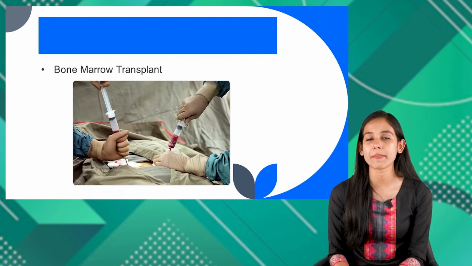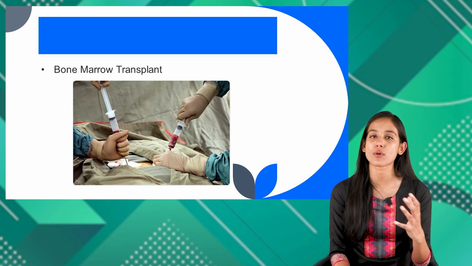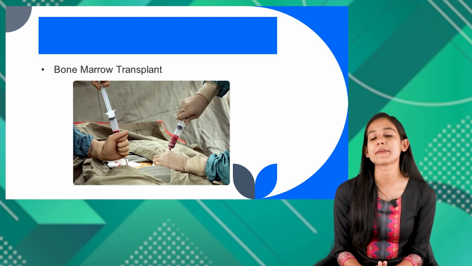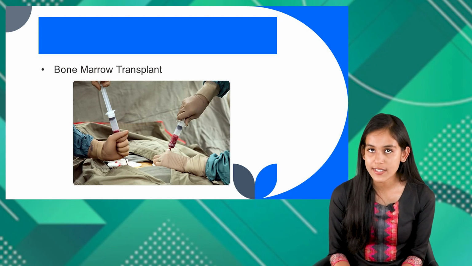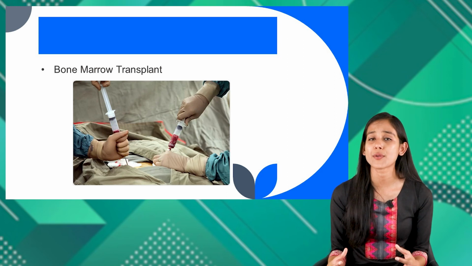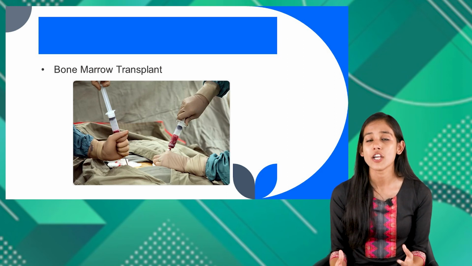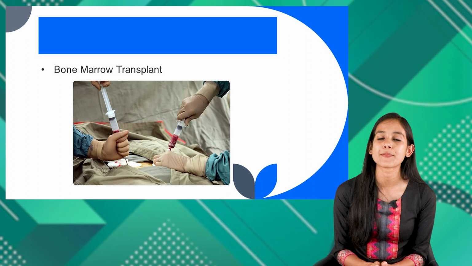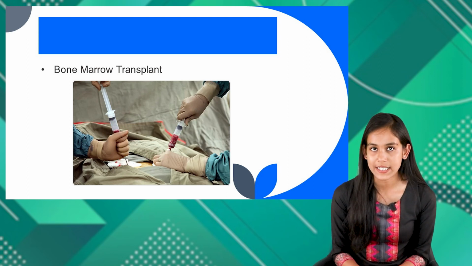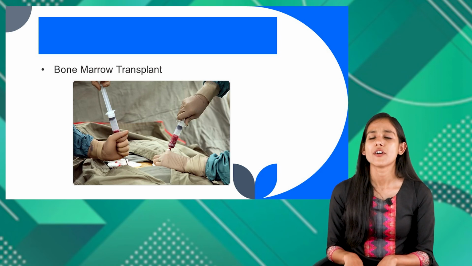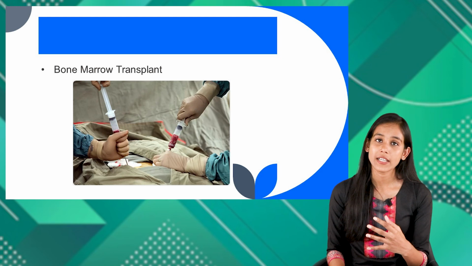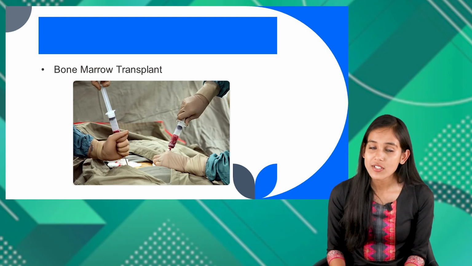And the next treatment method is bone marrow transplant, which is also known as stem cell transplant. Now, this is basically done in people who are younger than 16 years old, because it is associated with a lot of risks and complications. So that is the reason it is done basically for people who are younger than 16 years. And also for this we need a proper donor, because the HLA typing has to match, right?